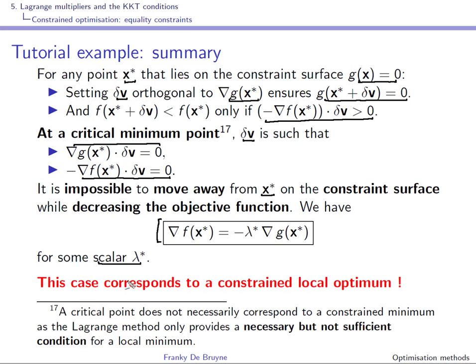But in general, a critical point does not necessarily correspond to a constraint minimum, as this Lagrange condition provides a necessary but not sufficient condition for a local minimum. This is because it is only based on first order information about the gradient. In order to find a sufficient condition, we would have to consider the Hessian.